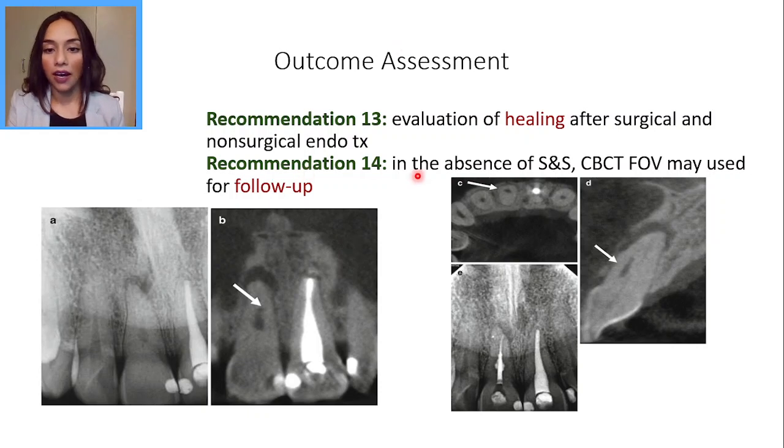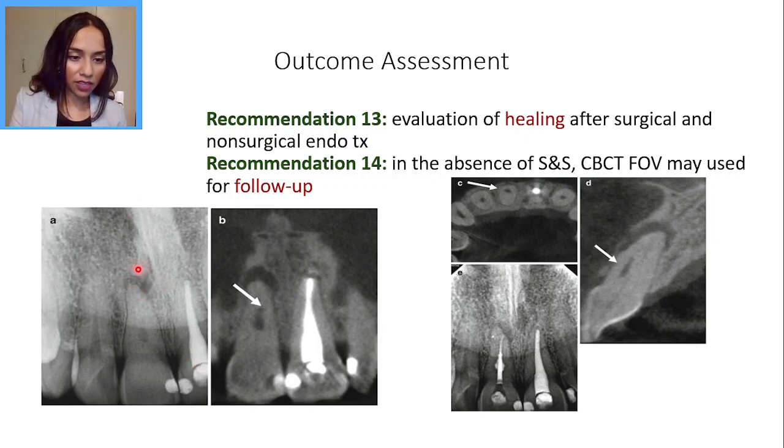They found that in certain situations when there was an abscess of signs and symptoms and a pre-op CBCT was taken, it would be indicated and suggested that a post-op CBCT be taken as well as a means to follow up. So in this specific image, we see that there's a radiolucency in the pulpal canal and also at the apex here, and the CBCT highlights that as well.